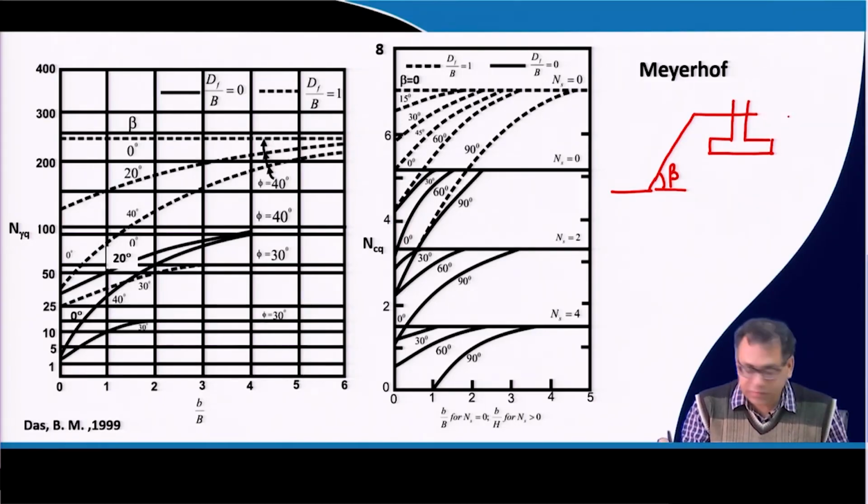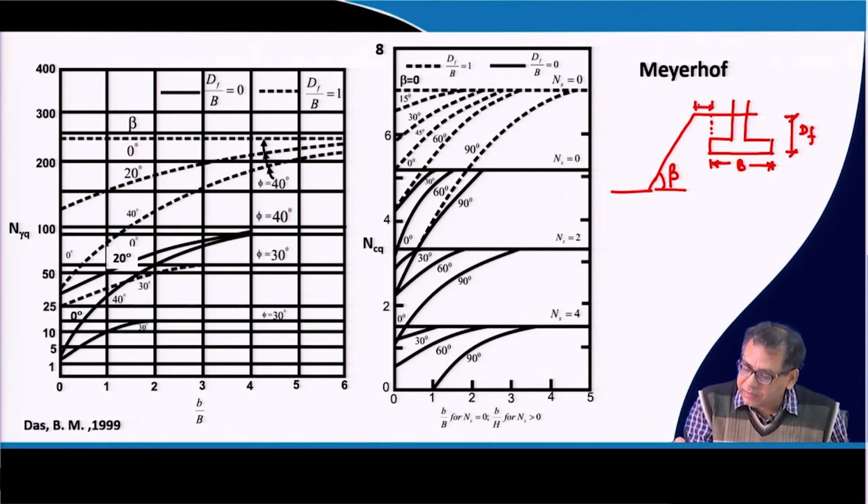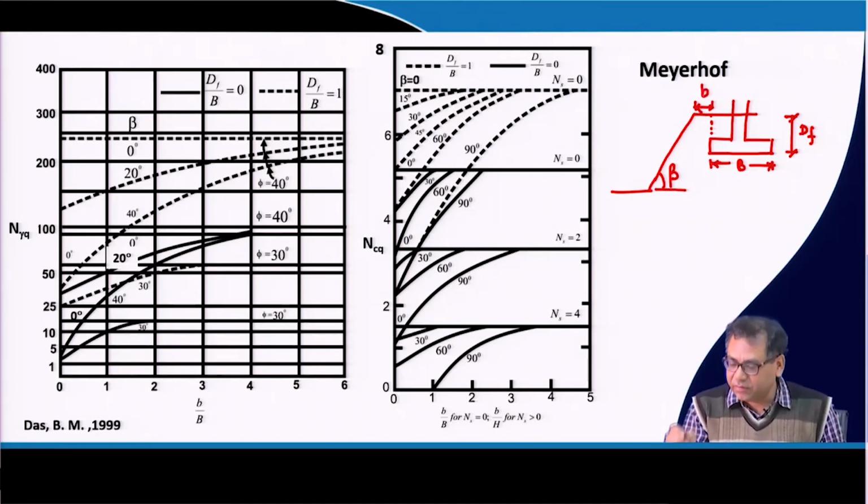So, if this is the Df, and this is the width of the foundation B, and this is the distance of the foundation edge from the slope edge, that distance is small b. Capital B is the width of the foundation and small b is the distance from the base edge of the footing from the slope edge.